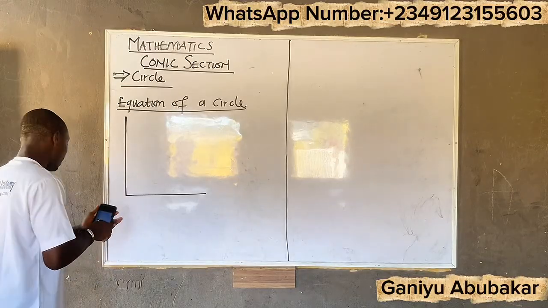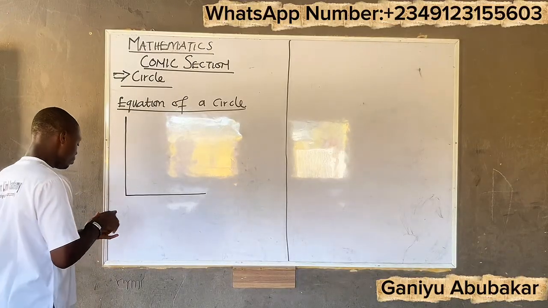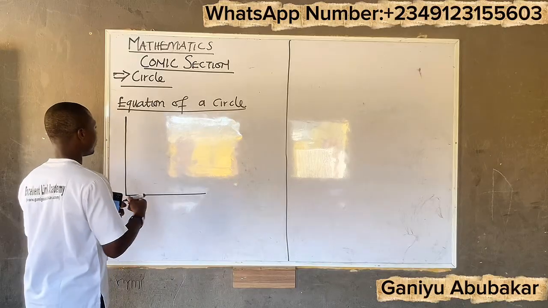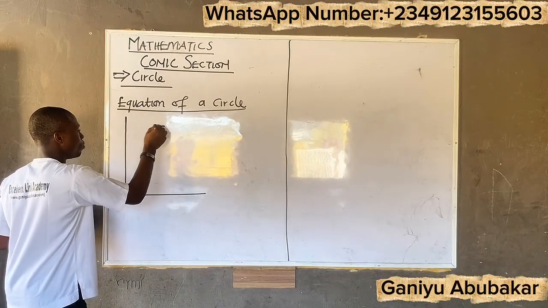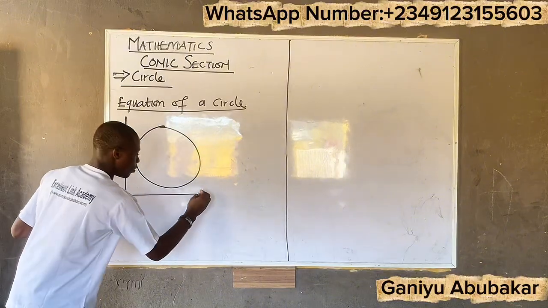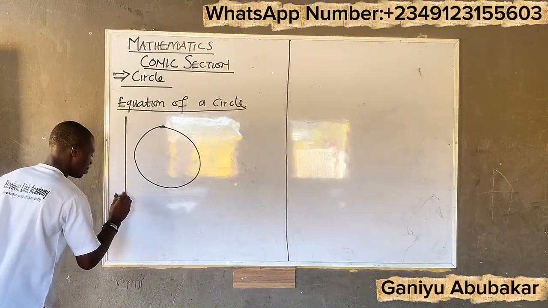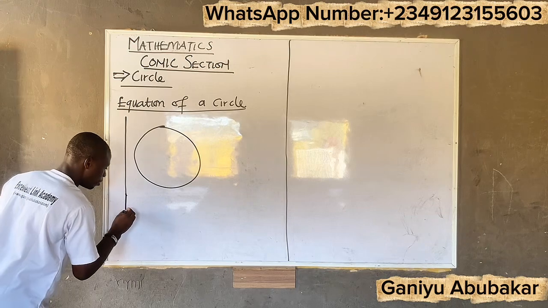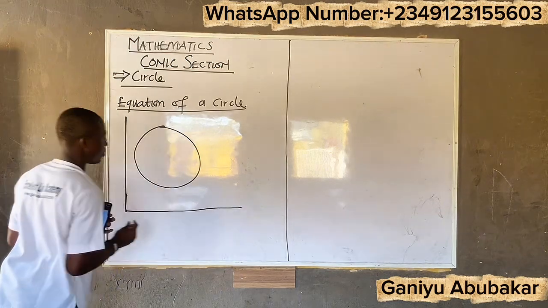In my graph, let's assume that I draw a circle this way.